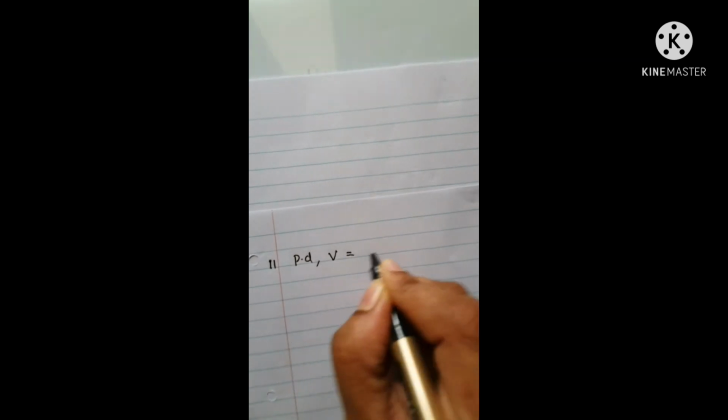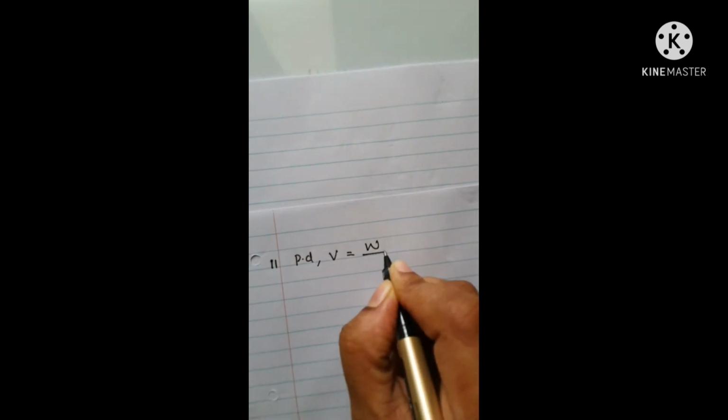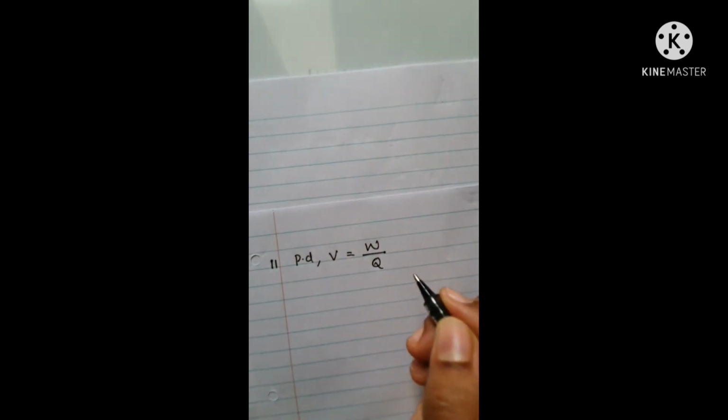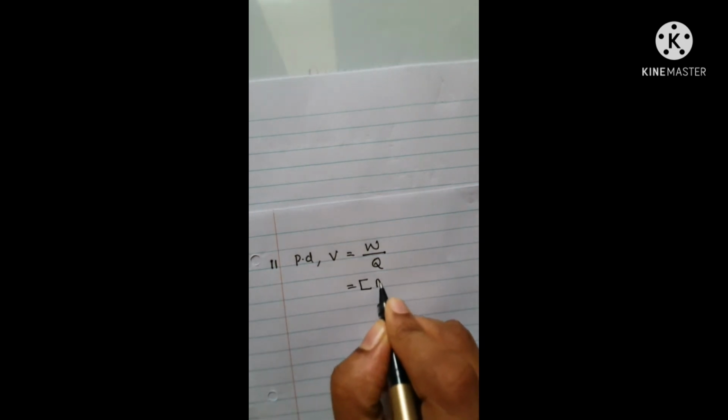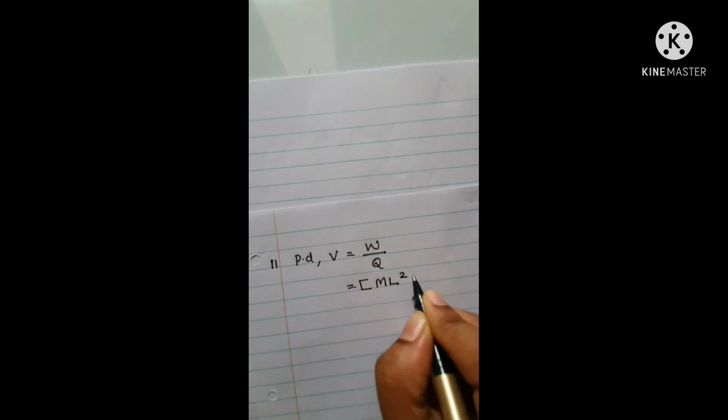The 11th physical quantity we are going to try is electrical potential difference V. We know it is work by charge, work done per charge. So work, we already know the dimensional formula, ML²T⁻². Force is MLT⁻², so it's easy to remember in this way.